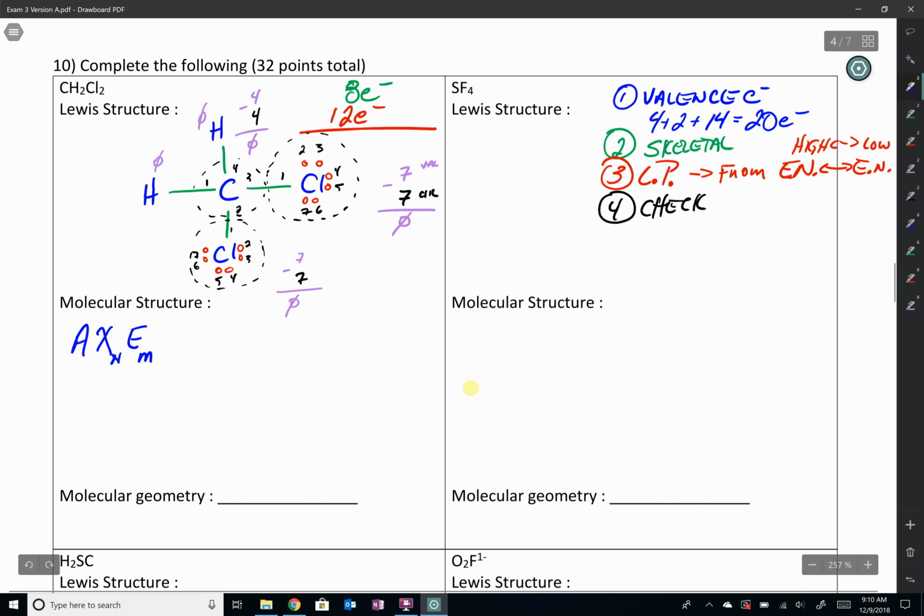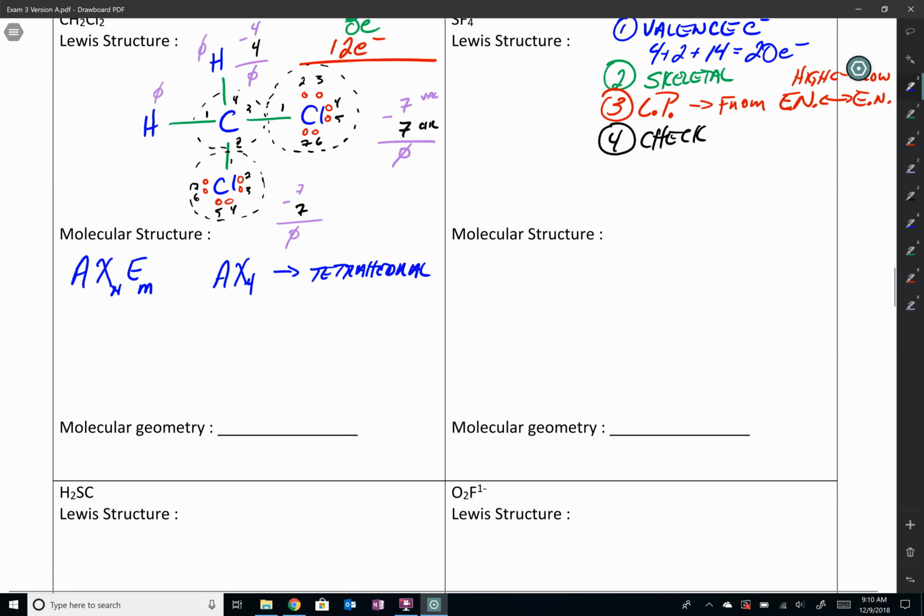So if you had an AX4, where we had a central atom with 4 other atoms around it, that's tetrahedral. If you have 4 total things around a central atom, the only thing it can ever be is tetrahedral.